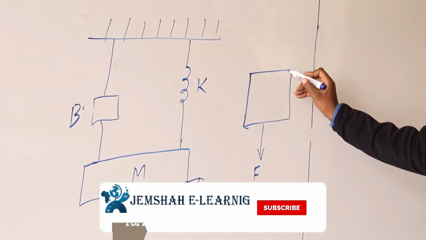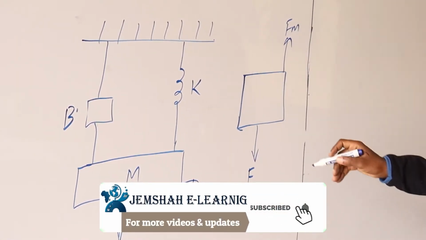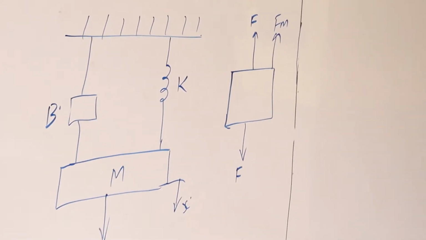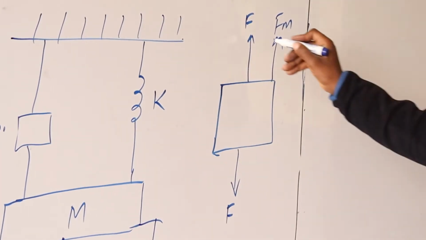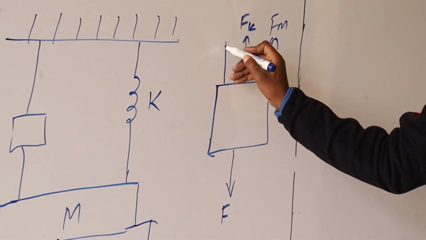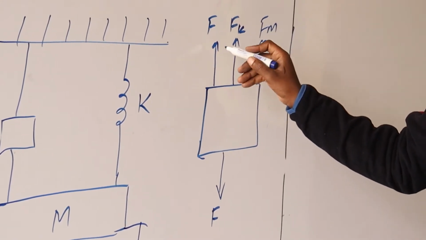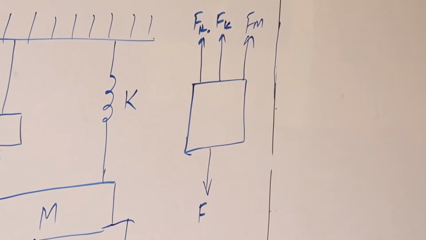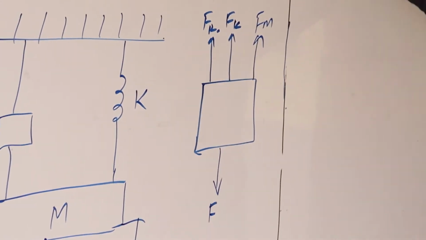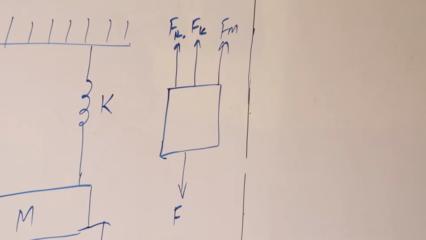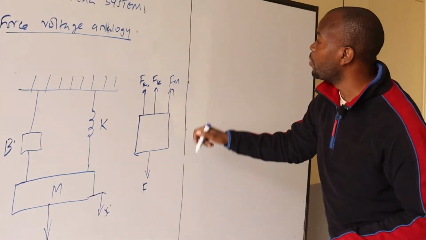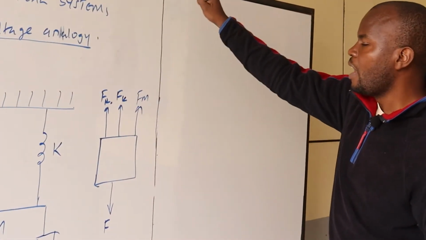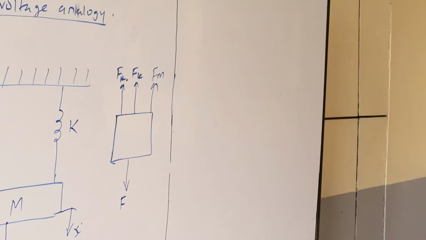The mass will be opposing, and in that case we have Fm, and then the spring will also be opposing, which we call Fk, and then B, the dashpot, the viscous friction, will also be opposing. Considering the directions of all these, the applied force is in the opposite direction, and the rest of the forces are in the same direction.